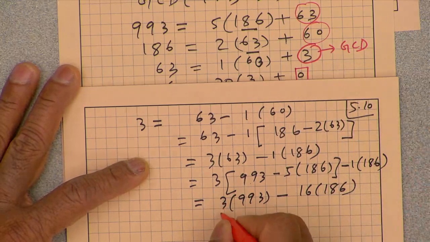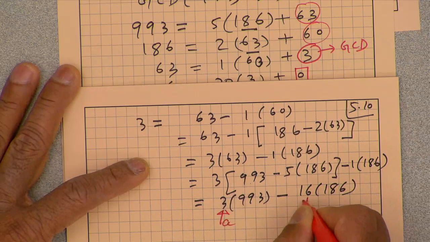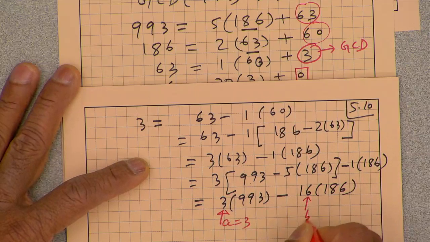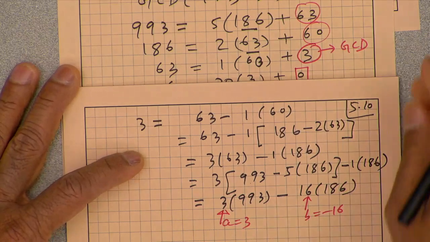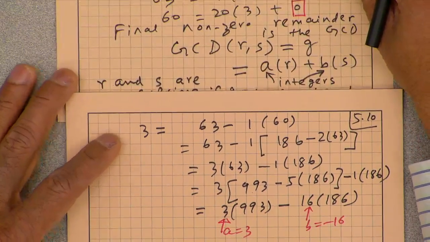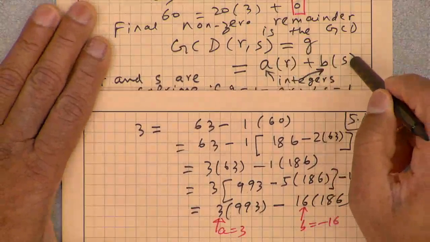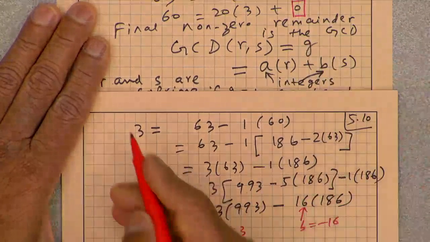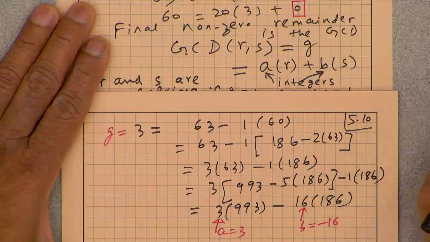So here our A is going to be 3 and B is going to be minus 16. So these integers A and B allow me to express A times R plus B times S as the greatest common divisor G.